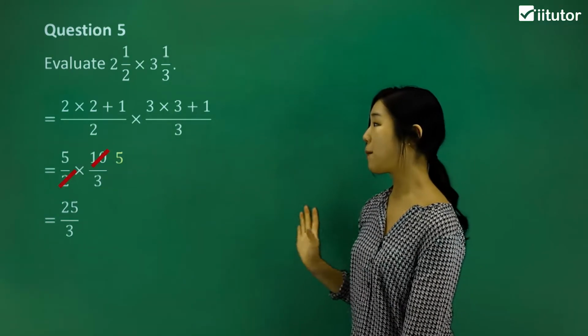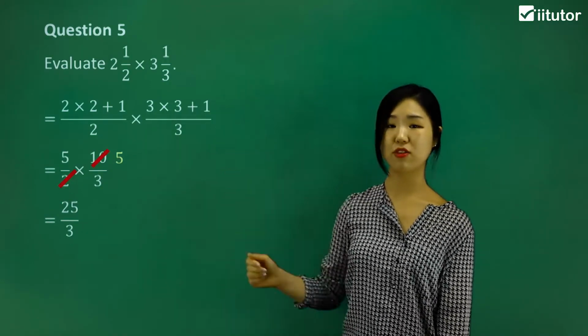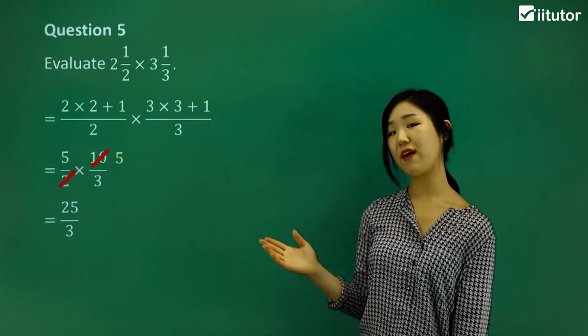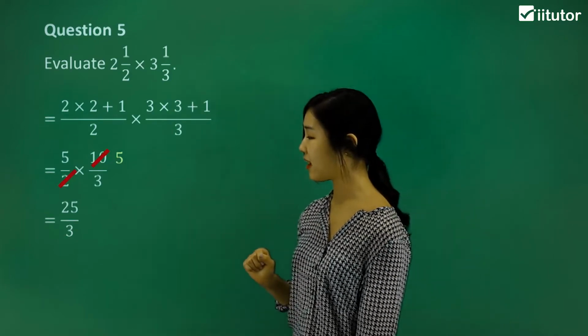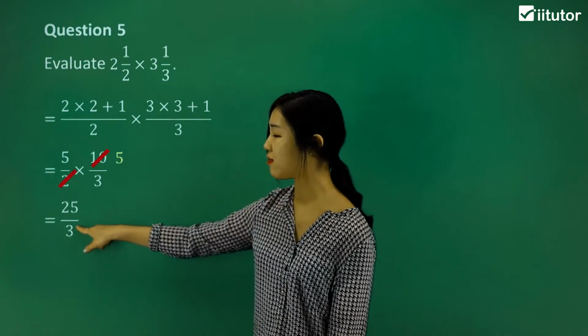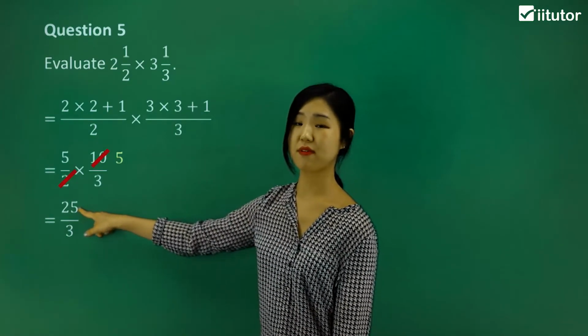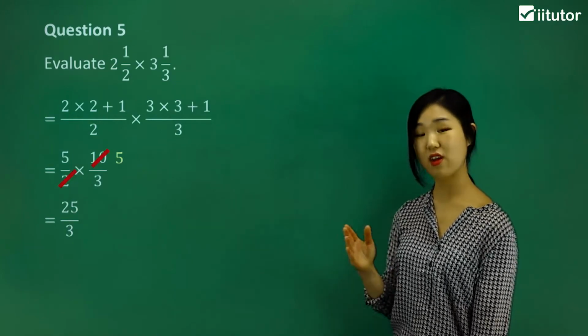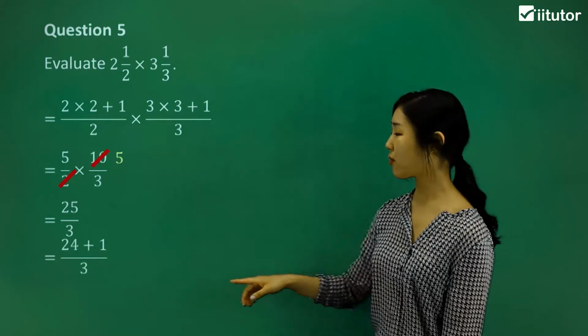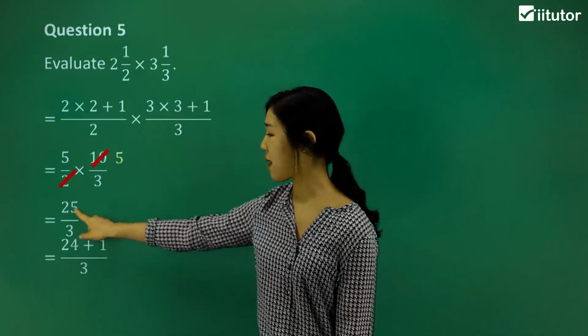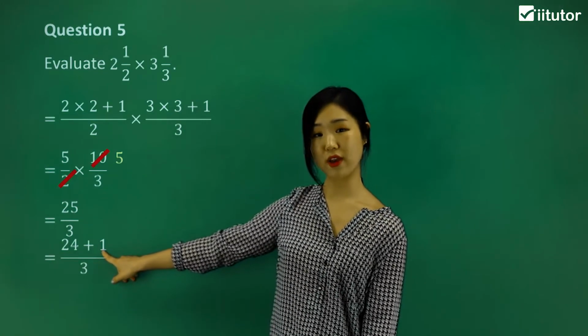So that's done. But because the question's in mixed numeral form, let's try to leave our answer in mixed numeral form as well. So guys, ask yourself, how many lots of 3's fit into 25? I think 8 lots of 3's, because I know that 8 times 3 is 24. So 8 times 3 is 24, and then to get back to 25, I'll have to add an extra 1, don't I?